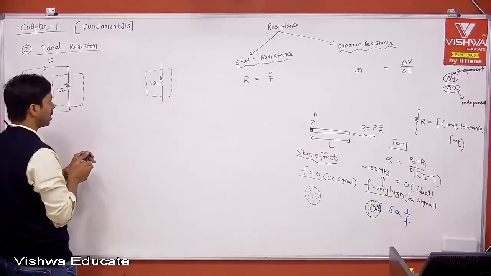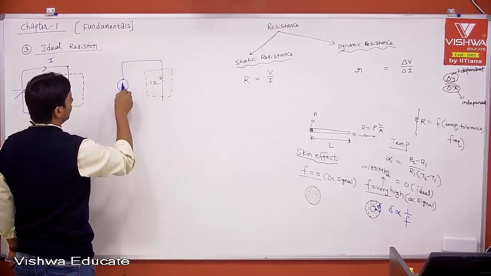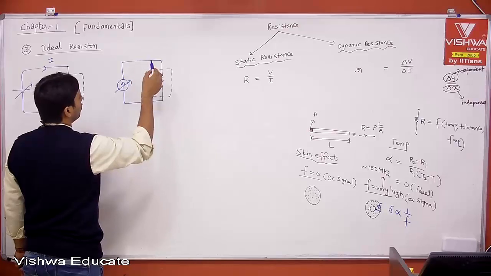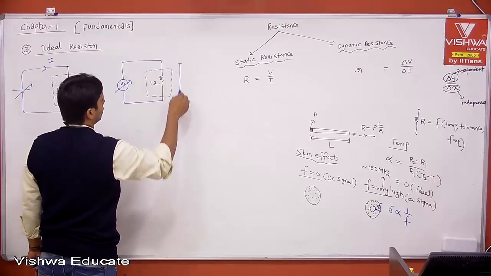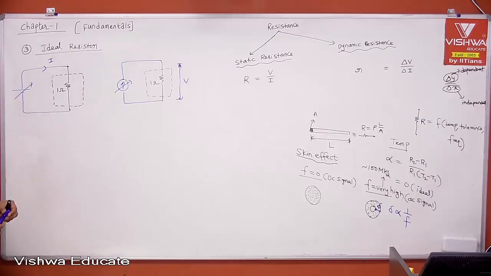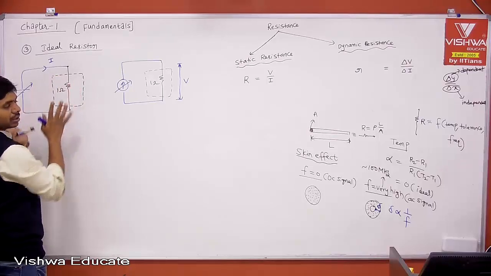I want to characterize it. I can excite with a current source, vary the current, then get the voltage. Anything is fine, but ultimately I want the characteristics of the resistor with respect to voltage and current.